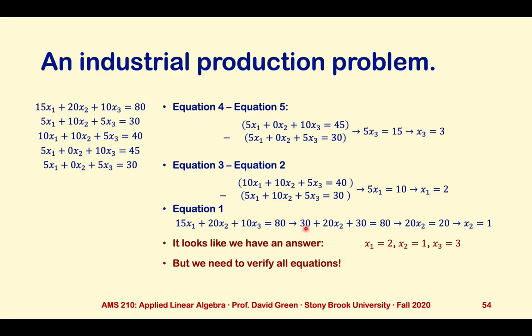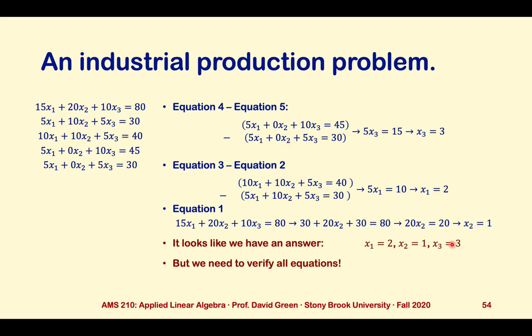Right? 30 plus 30 is of course 60, so this gives us 20x2 equals 20, or x2 equals 1. Looks like we have an answer. x1 equals 2, x2 equals 1, and x3 equals 3.